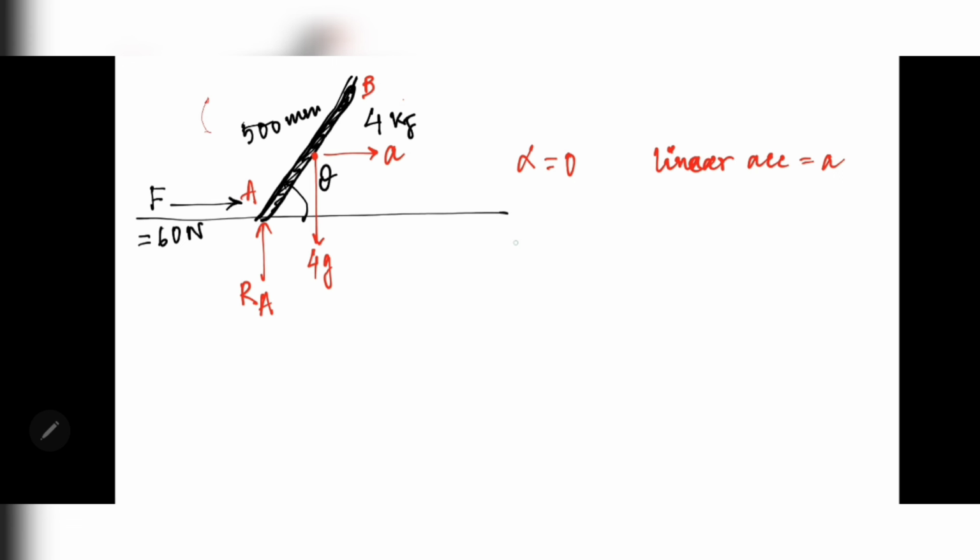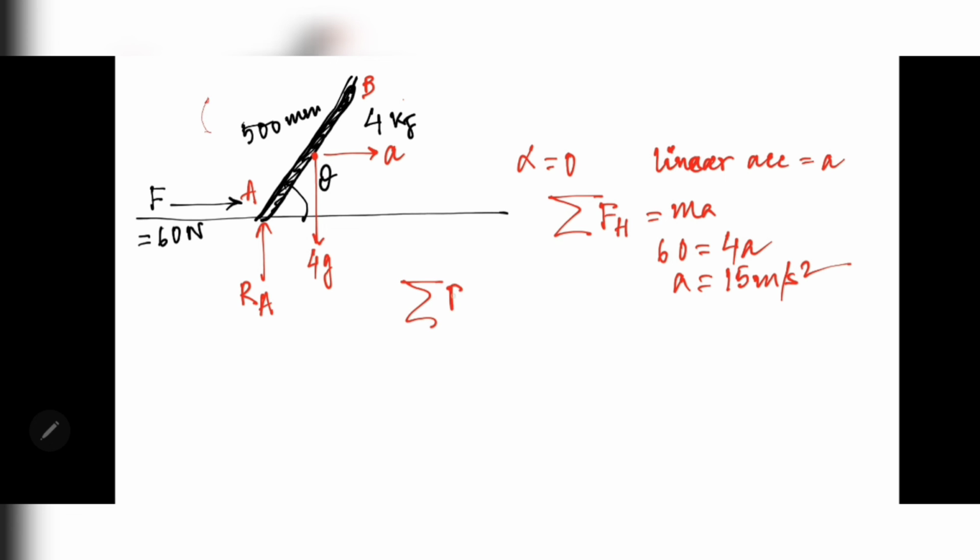Now here the total horizontal force equals ma. That means 60 equals 4a. So a equals 15 meter per second square. And vertical force here equals 0. So RA minus 4g equals 0.